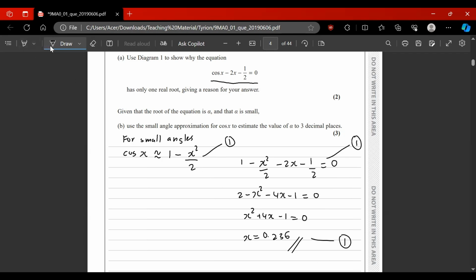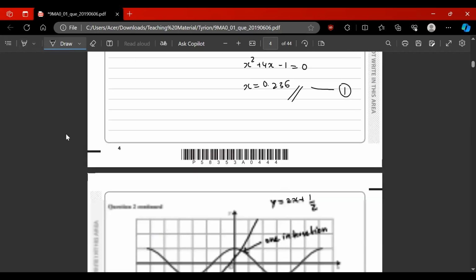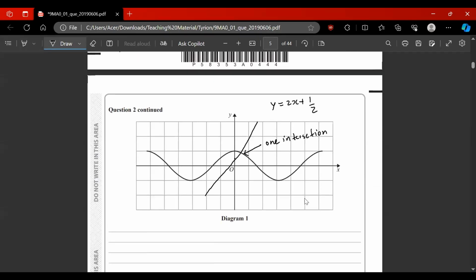As for the previous part, you get 1 mark for the correct diagram of the two intersecting lines, and showing that because of the one intersection, this proves that there's only one real root. That gives you the second.